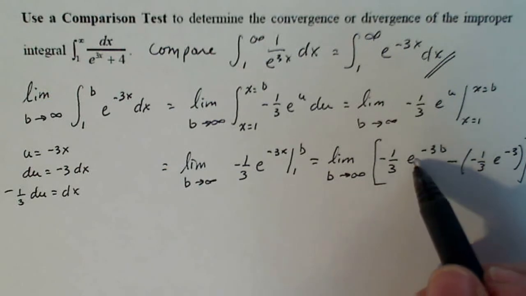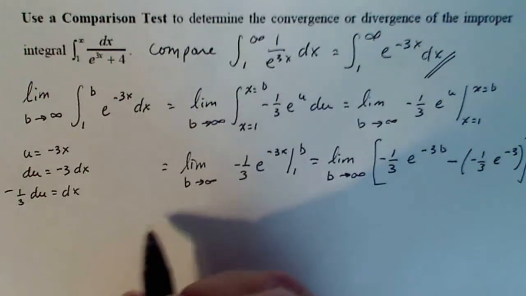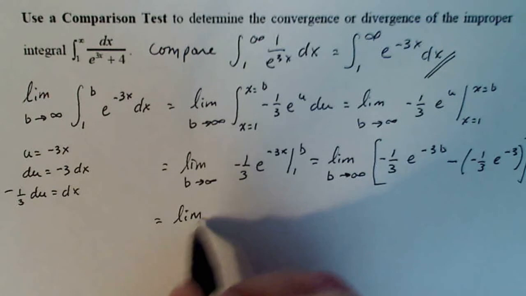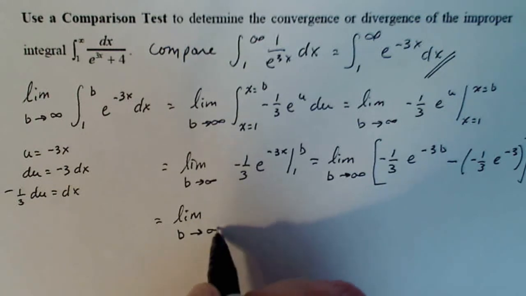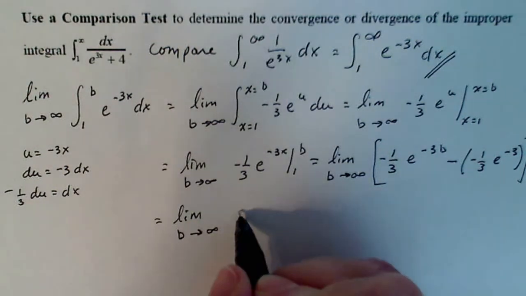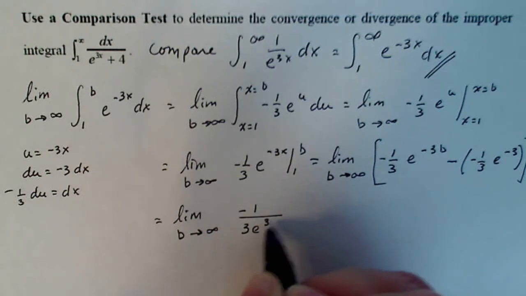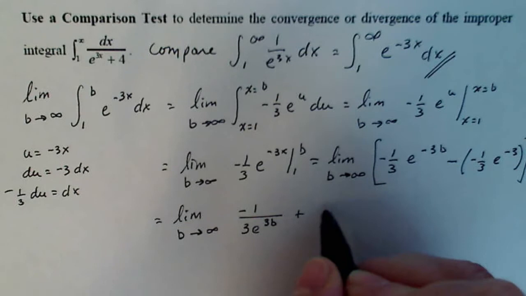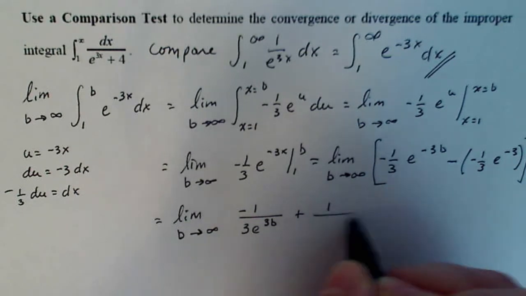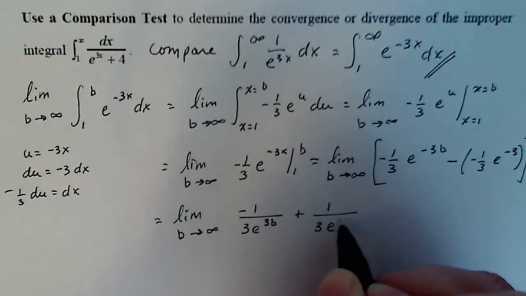But here, as b gets larger and larger, this negative power becomes more negative. But the negative power actually means that this is a denominator. So, for instance, I can rewrite this as the limit as b goes to infinity of minus 1 over 3e to the 3b plus 1 divided by 3e to the 3.